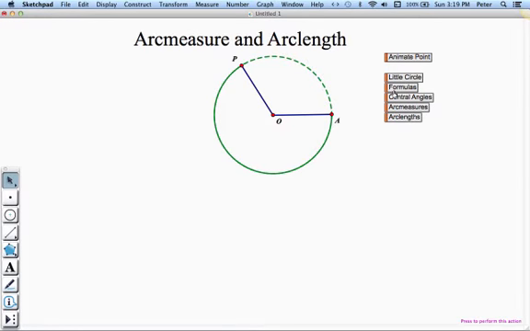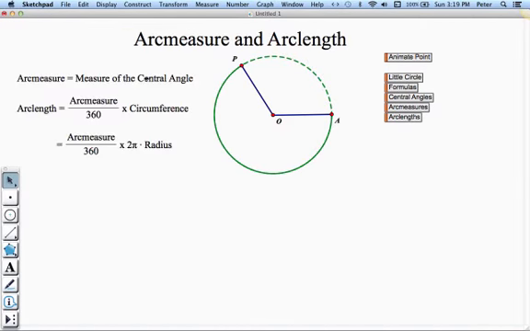So let's take a look at some of the formulas we know. And once again, we're reminded that the arc measure is equal to the measure of the central angle. So the measure of arc PA is going to be equal to the measure of angle POA. Now we're going to get into arc length, and just to make sure we're clear on the difference, arc length is a linear distance.